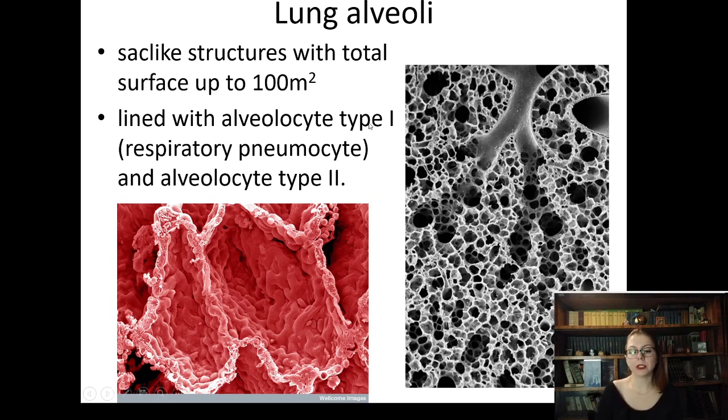Type 1 cells are called respiratory cells. Type 2 cells are called secretory cells. And despite type 1 being less numerous, nearly 40% of all alveolar lining by number, they line more than 90% by surface. So type 1 cells are very large and flattened.